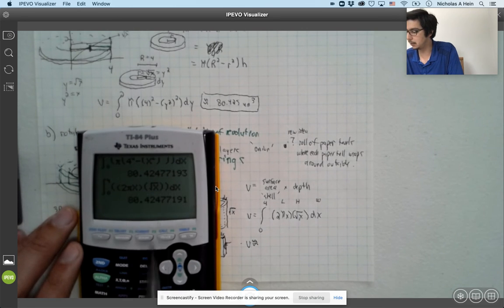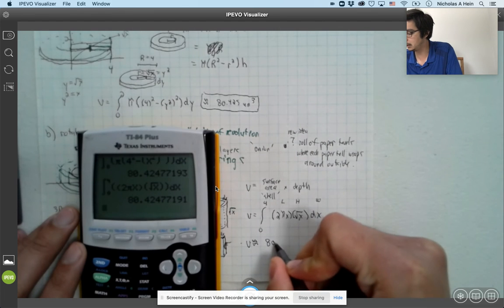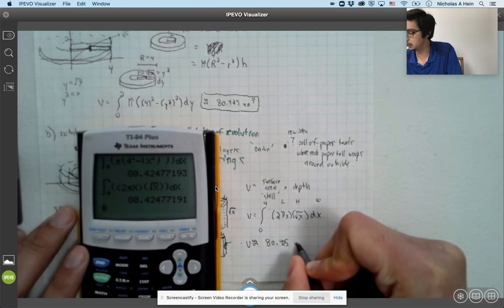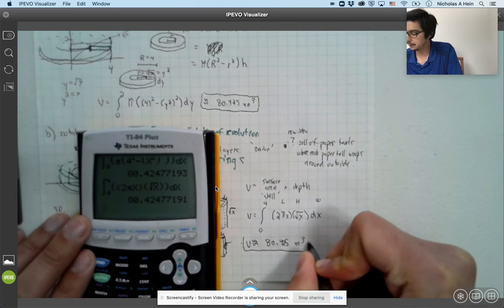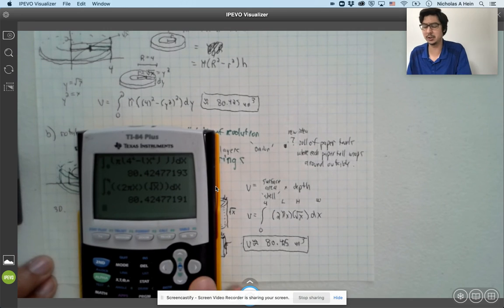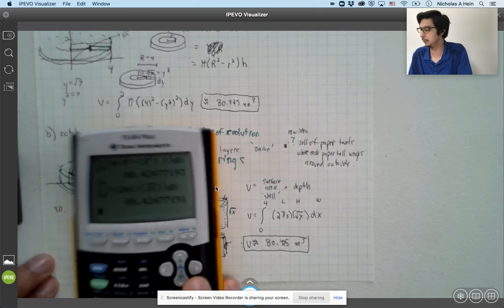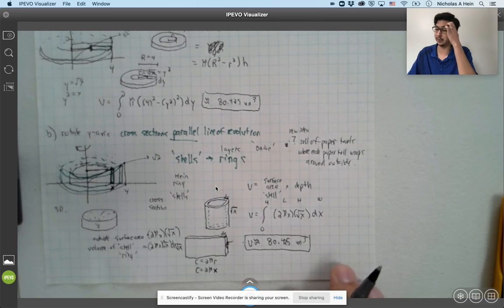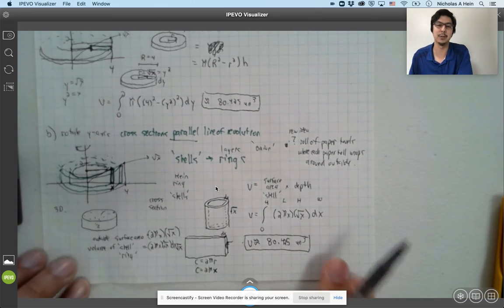And there we go. We got the same thing there, 80.425425 units cubed. And I can see at the end there it's slightly off. Not 100% sure why, but with 3 decimal places for the AP exam, we can see we get the same area.